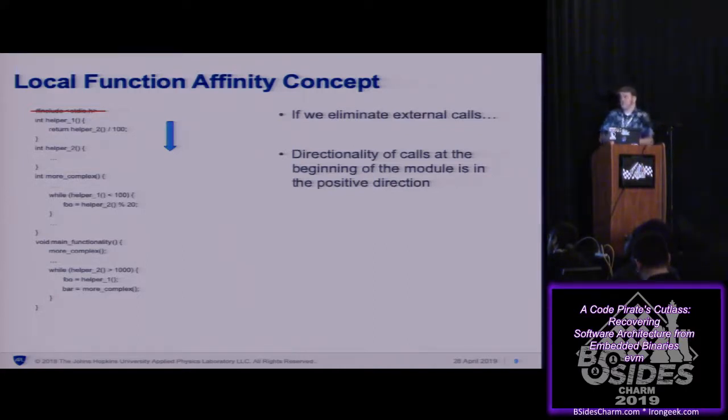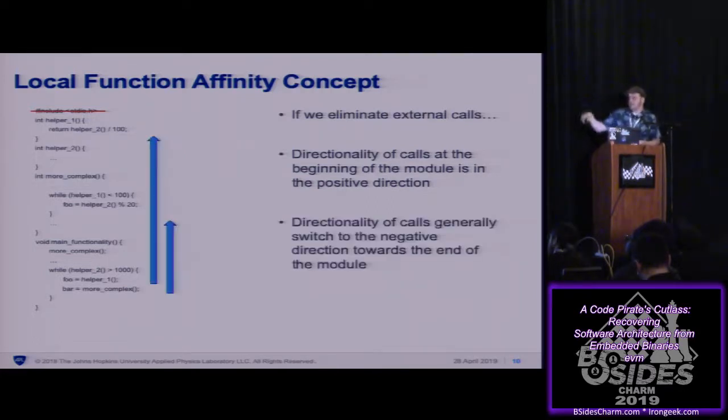It's sort of obvious when you think about it: at first, any function calls within this file are going to be going in the positive direction, right? And then towards the end, function calls are going to be going in the negative direction.